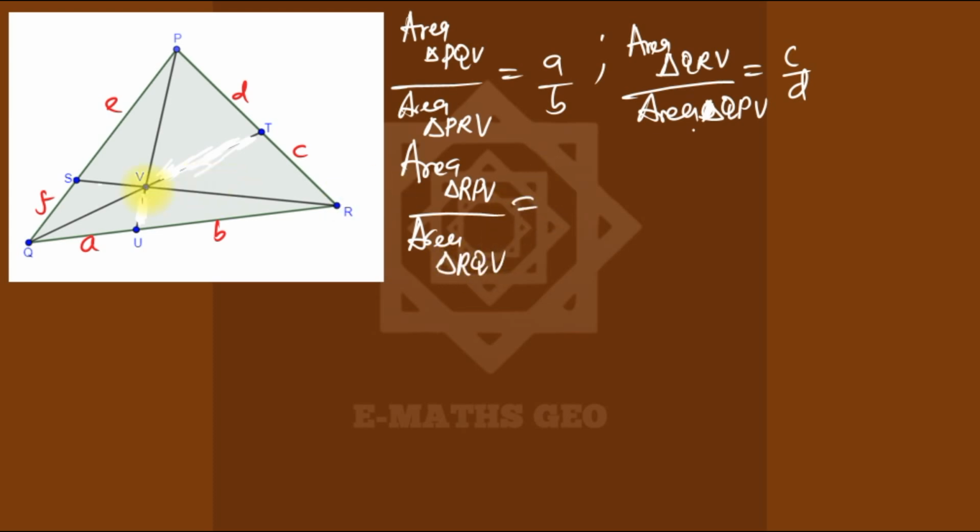Do you see it? We've wiped here and here, so the ratio of the areas is E over F.